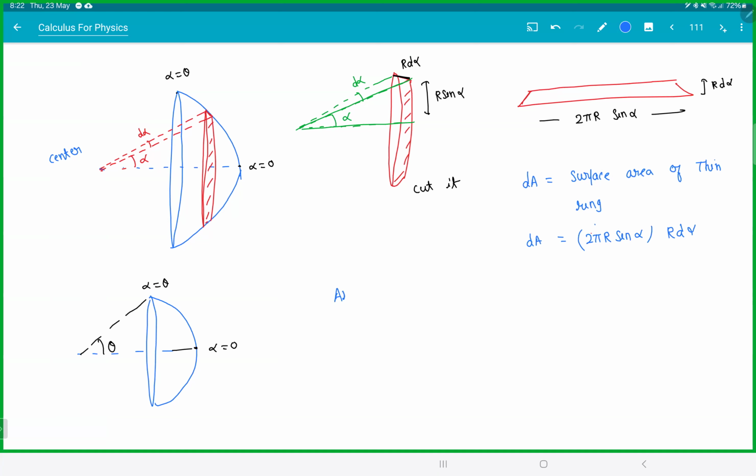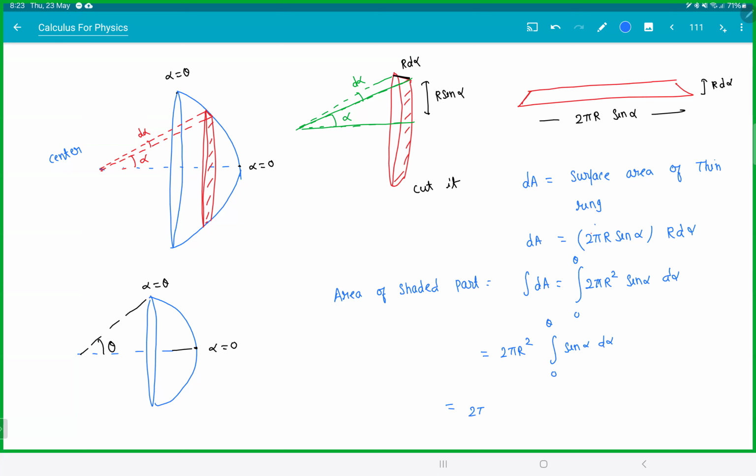So therefore, the area of the shaded part is the summation of dA, which is 2 pi r square sine alpha d alpha. Limits will go from 0 to theta. 2 pi r square comes out. You end up with sine alpha d alpha, which is a simple integration.